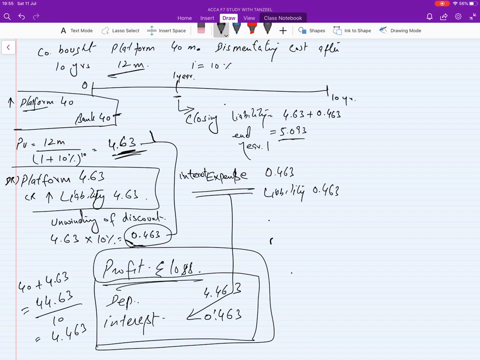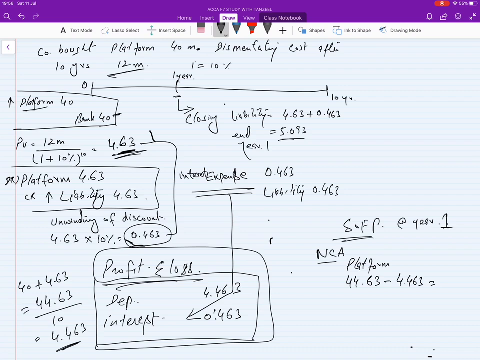And on the SOFP side, non-current asset platform at the end of year 1. At the end of year 1 the platform was 44.63 minus depreciation, this depreciation 4.463.